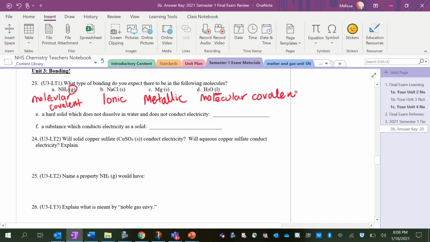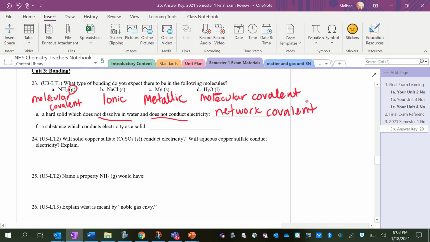So there wasn't an example of network covalent yet. Letter E says a hard solid, it doesn't dissolve, it doesn't conduct electricity. That is definitely network covalent. That is the boring set of properties.